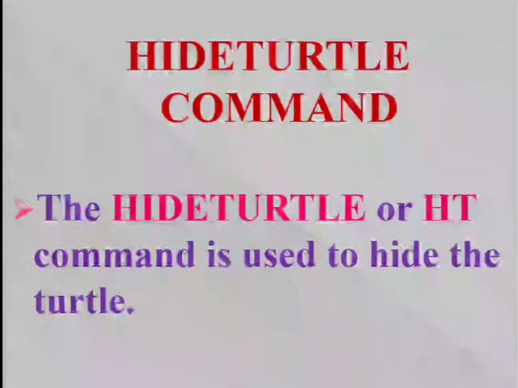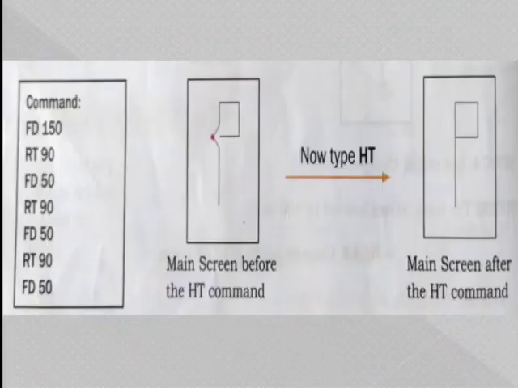Students, remember, the turtle can draw lines even when it is hidden. Here you can see the difference before using HT command and after using HT command. The turtle gets hidden and the actual drawing is visible on the screen after using HT command.